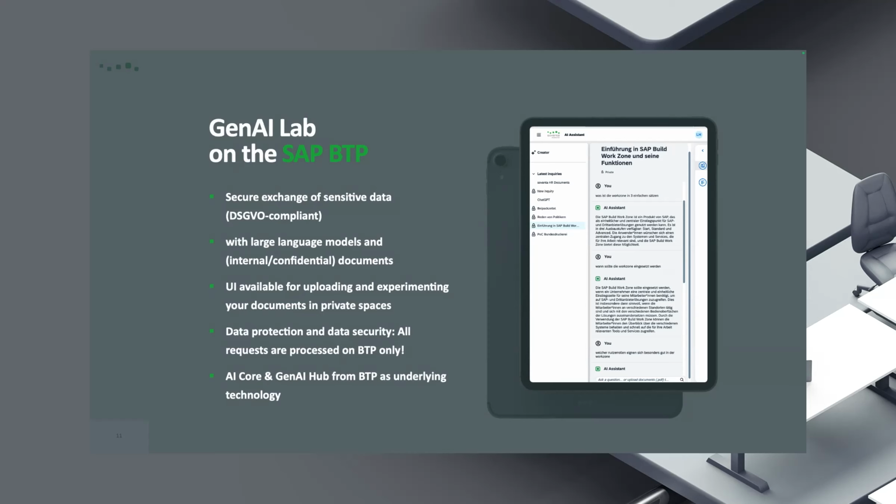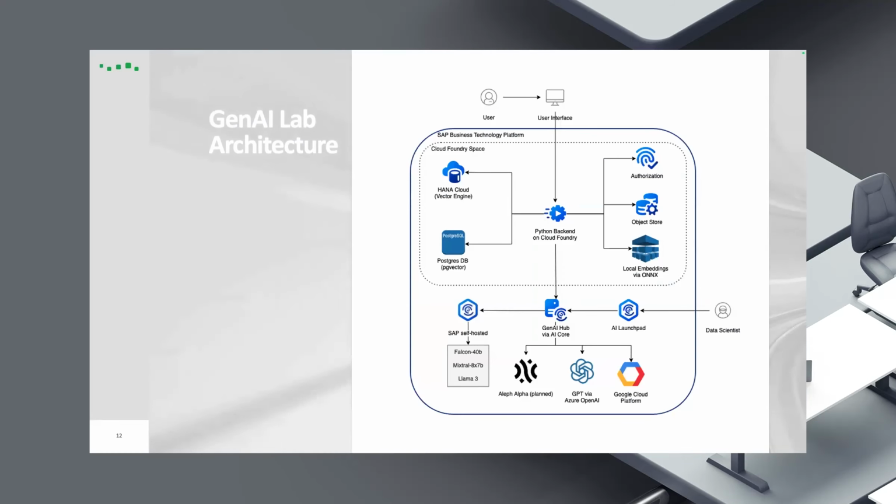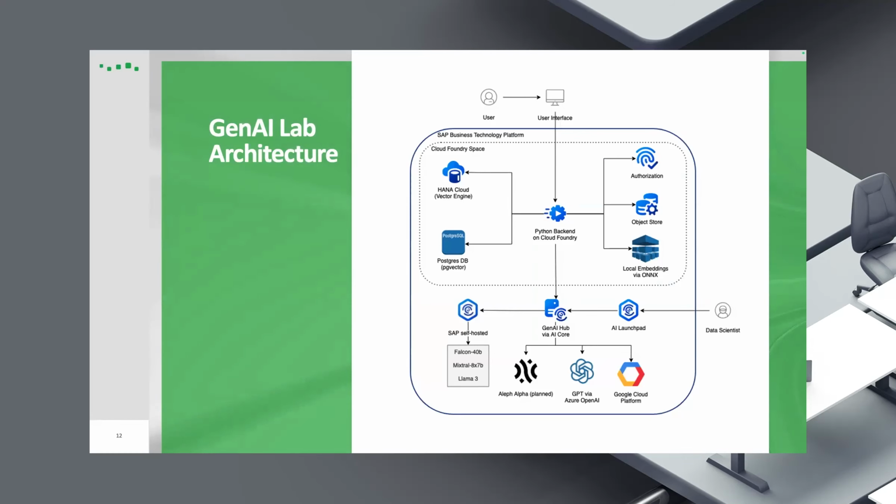So I create a public space and then upload some standard documents. Or quite recently, we also added a Confluence plugin to ask questions, for example, about your Confluence. And under the hood, the BTP is the underlying technology with AI Core and the generative AI hub. Coming to the architecture, how it looks like.